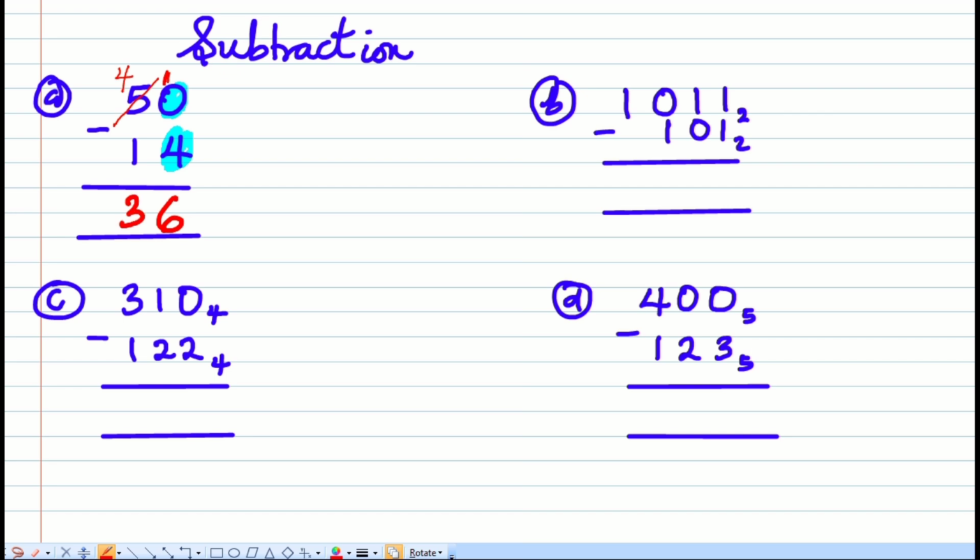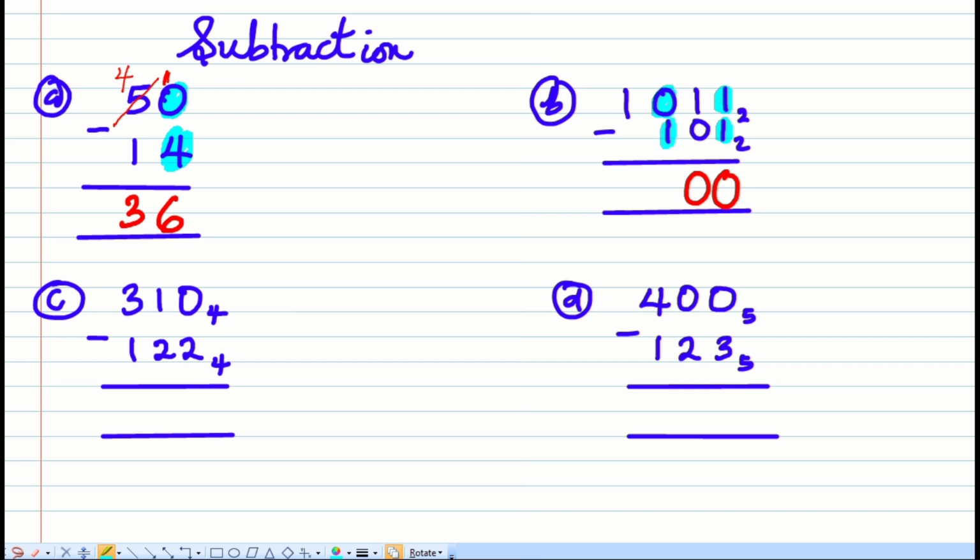We use the same principle for every other operation. Now let's move on to the next one. We have base 2 now. Please take note. 1 minus 1 is just 0. So we have 0. 1 minus 0, for the next column, is also 1. Now for the third column, we have 0 minus 1.